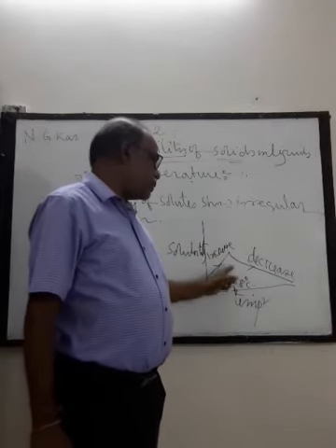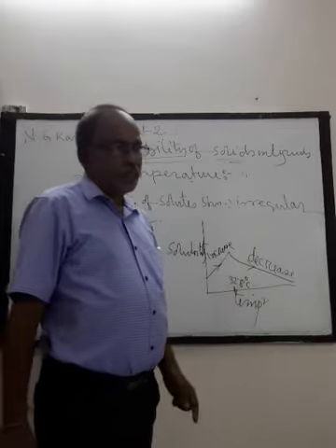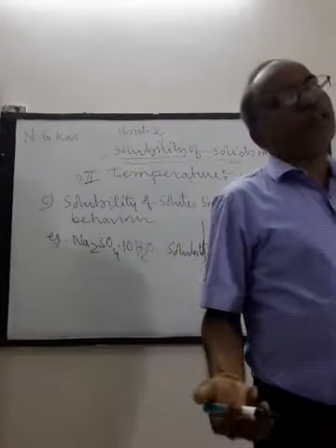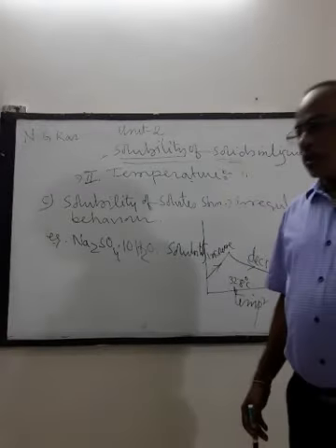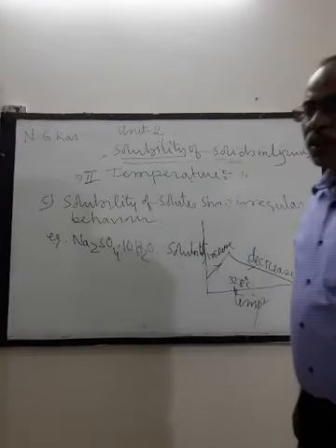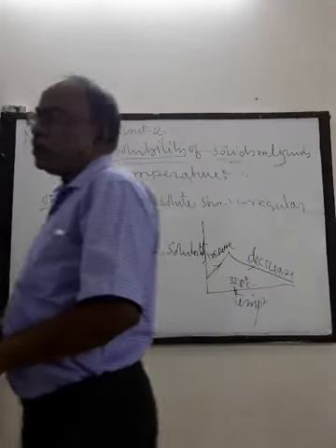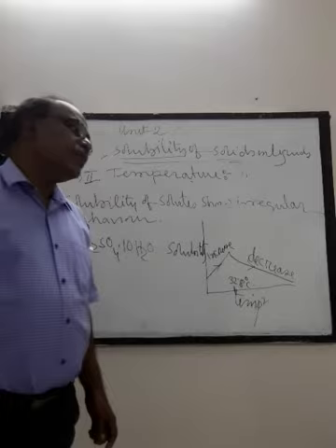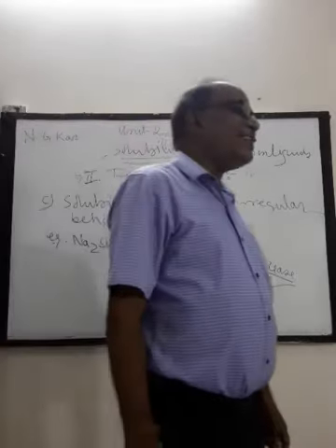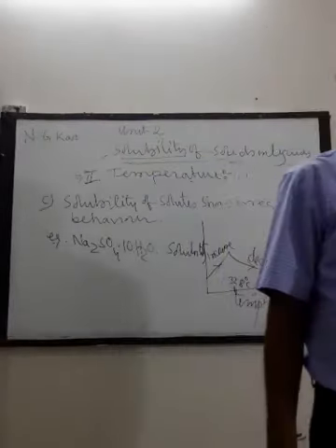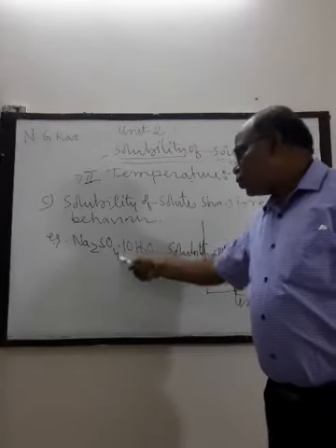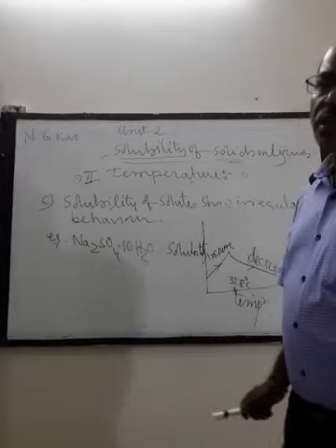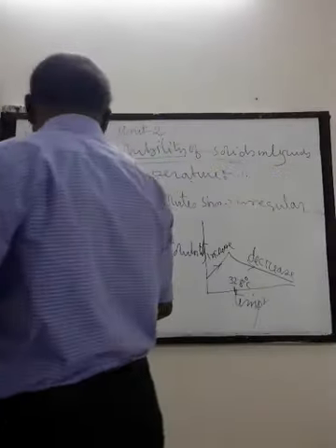This temperature, 32.8 degrees centigrade, where the nature of dissolution changes, is called the transition temperature. So what is transition temperature? It is the temperature where the behavior of the solid changes from increasing to decreasing. In sodium sulfate decahydrate, this temperature is 32.8 degrees centigrade.